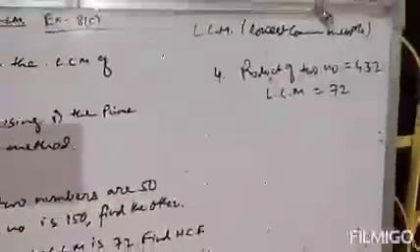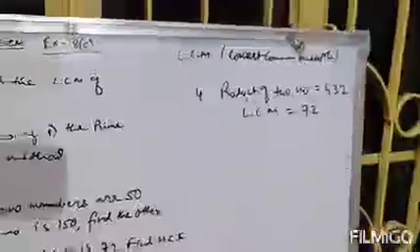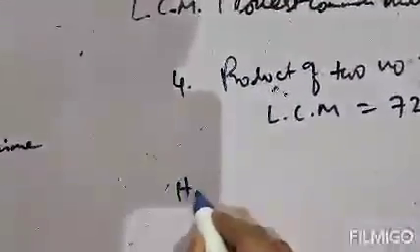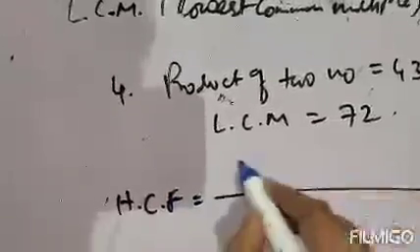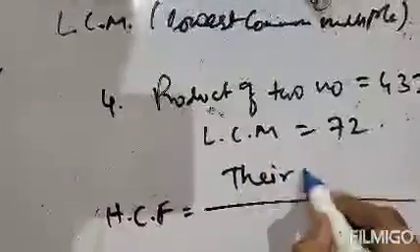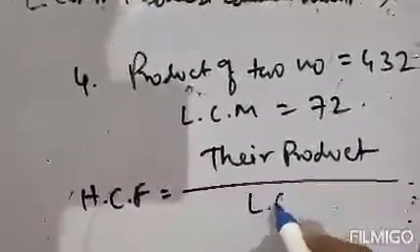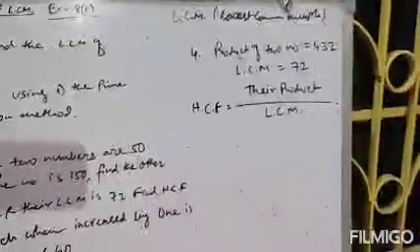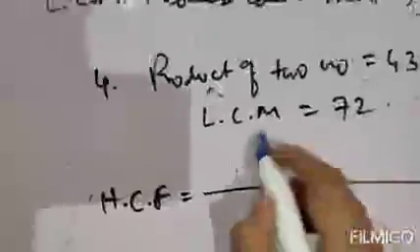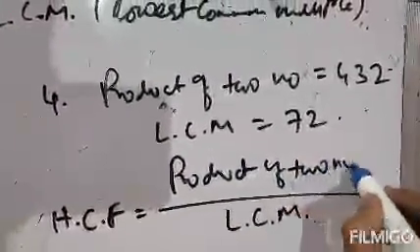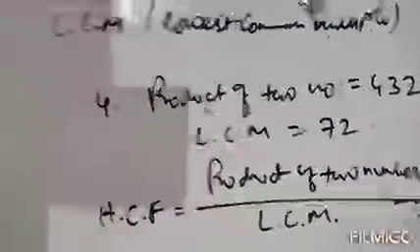So also in this case there is a formula. If the product of two numbers and LCM are given, to find HCF there is a formula. So we will write the formula: HCF equals their product divided by LCM. Or you can write product of two numbers divided by LCM.